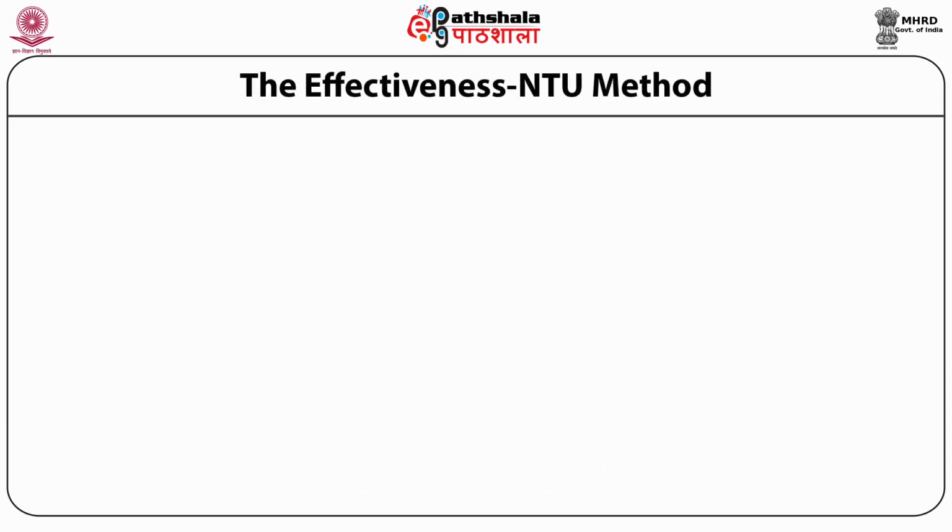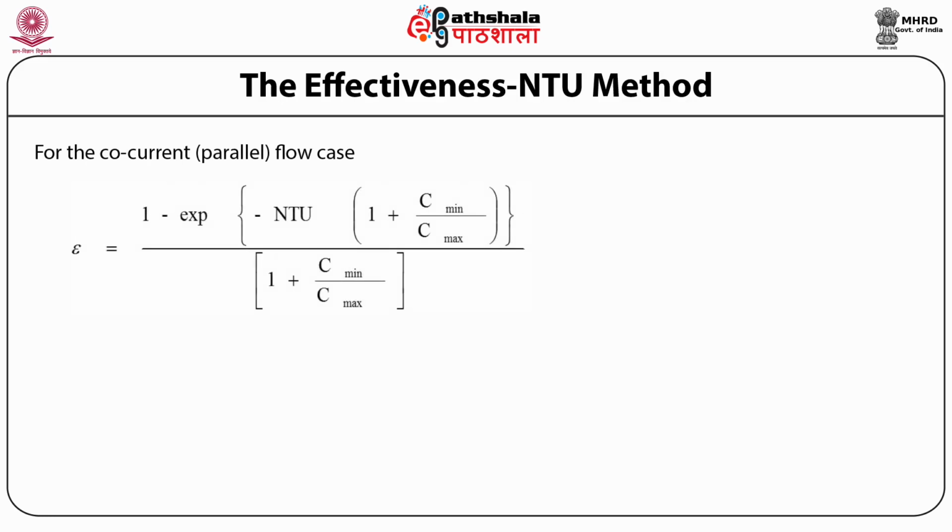Here we will discuss the final expression for effectiveness for co-current or parallel flow and the final expression for effectiveness for counter current flow. The effectiveness for co-current flow is represented as 1 minus exponential of minus NTU into 1 plus C minimum divided by C maximum, divided by 1 plus C minimum divided by C maximum.